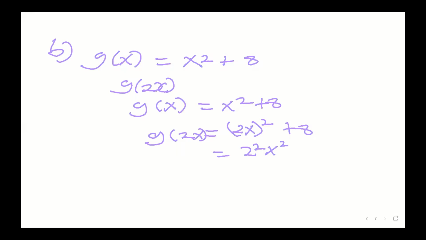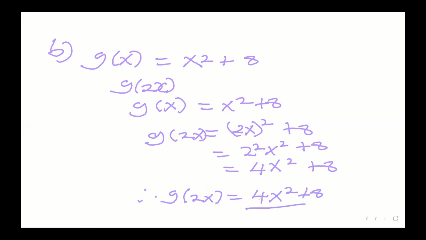That's what this means. Plus your 8. 2 squared, what do you get? That's 4. And x squared, you always get x squared plus 8. Come and conclude your answer. Therefore, g of 2x will be 4x squared plus 8. That's our part B.